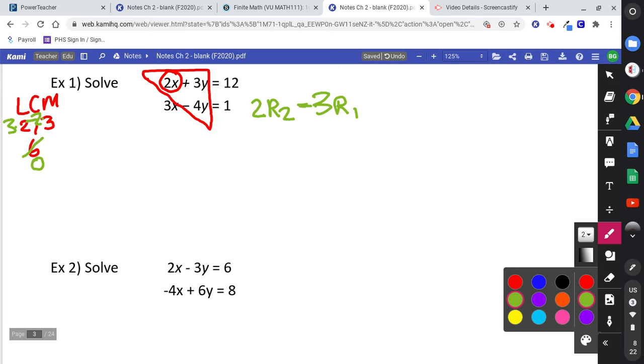What I've said here with that green rule is 2 of the 3x's is 6x, minus 3 of the 2x's, that's going to be 6x minus 6x. That's what I want. So the top row that's completely inside of the triangle doesn't need to change. 2x plus 3y equals 12. Don't mess with the top row.